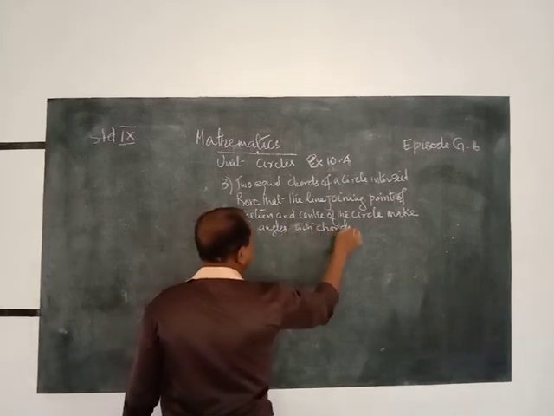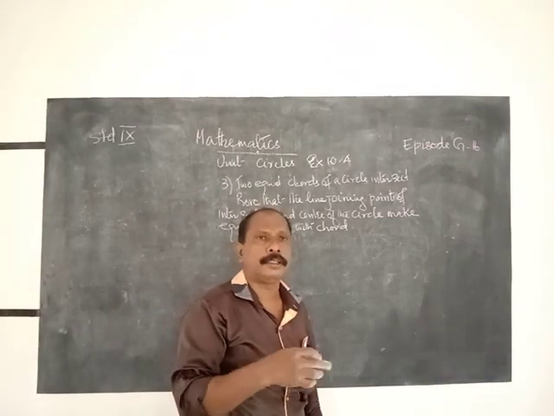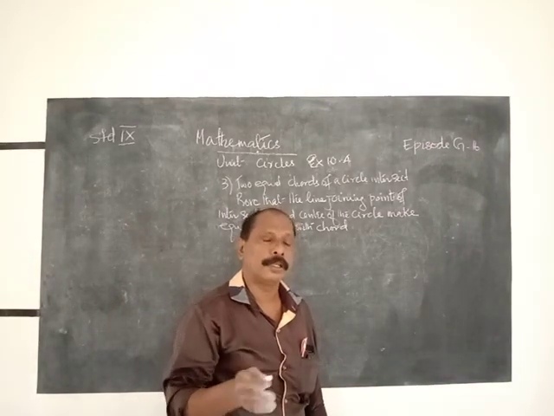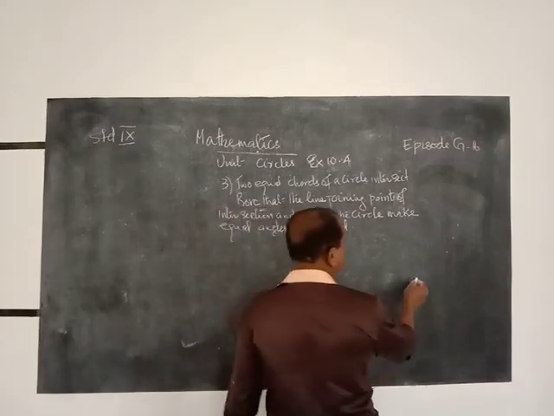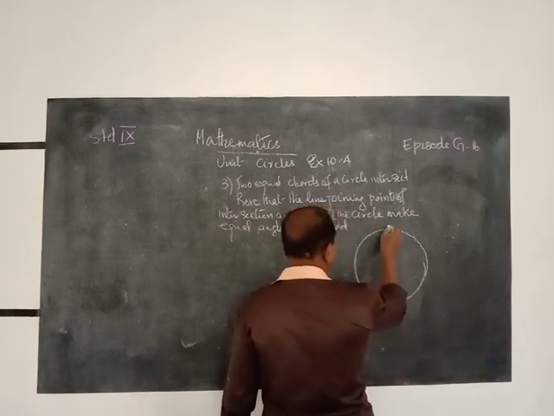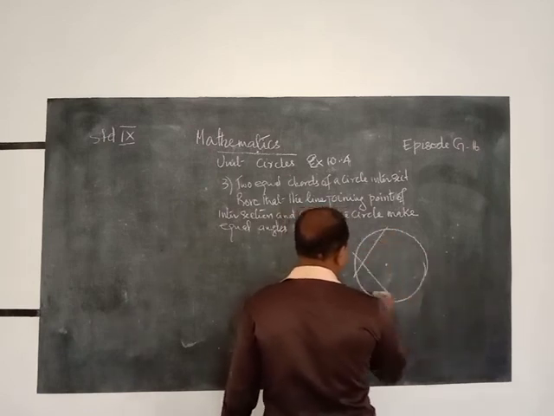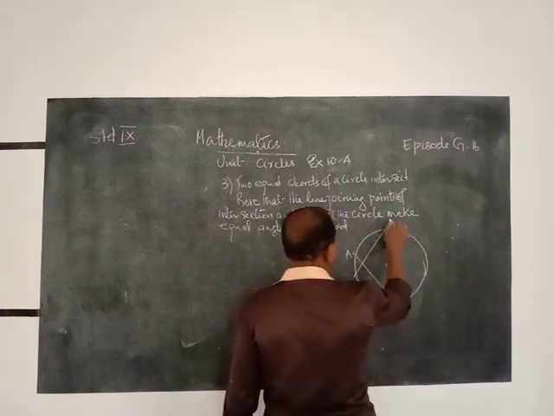Same question. That is, we can prove it by CPCT, that is PM is equal to PM. Similarly, we have the other by CPCT. Okay? This is the circle and these are our equal chords AB and CD.